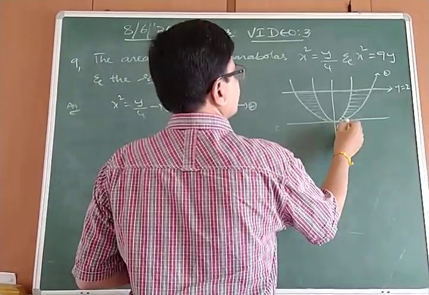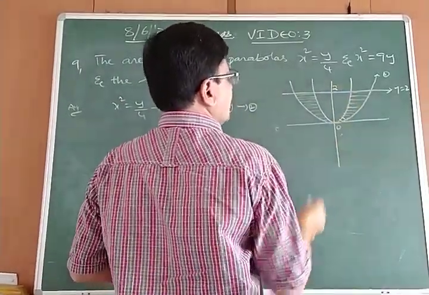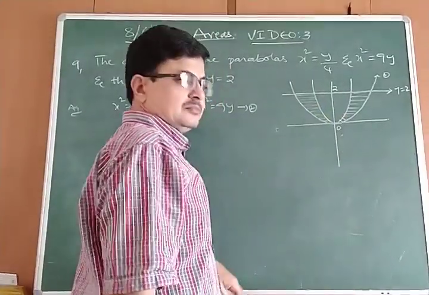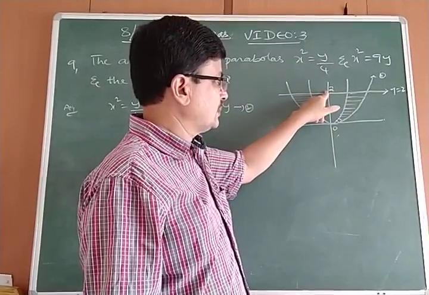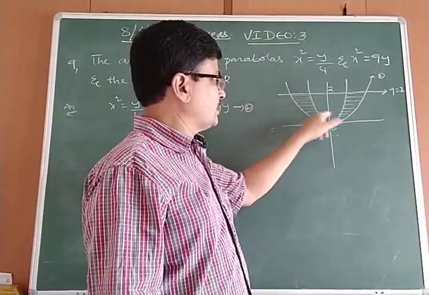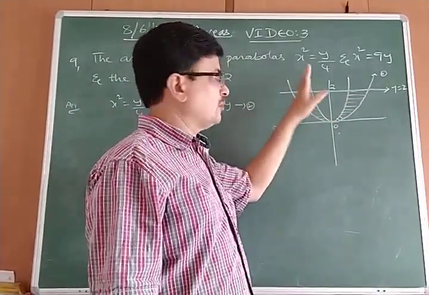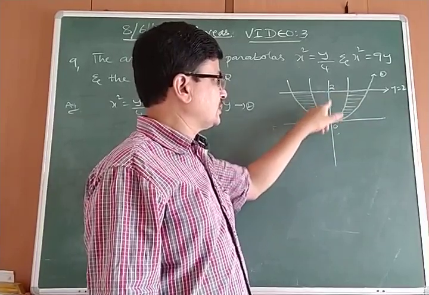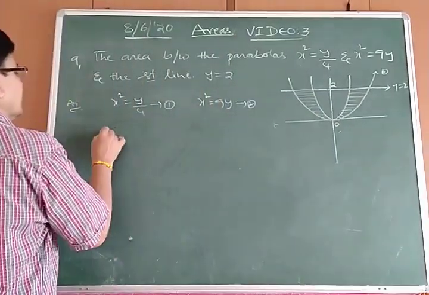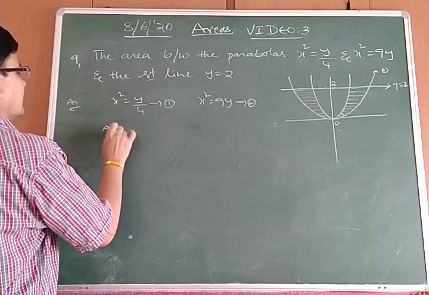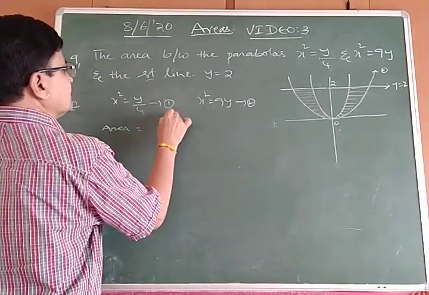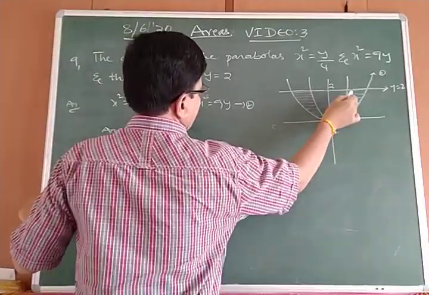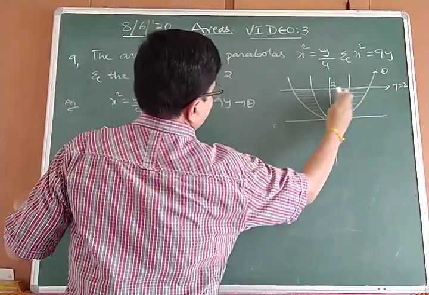So this is 0, this is 2. We find the area on the y-axis in the interval 0 to 2. In this case, the two parabolas are symmetric. By the symmetry, we take 0 to 2. Area is integral 0 to 2 on the y-axis, upper curve minus lower curve.